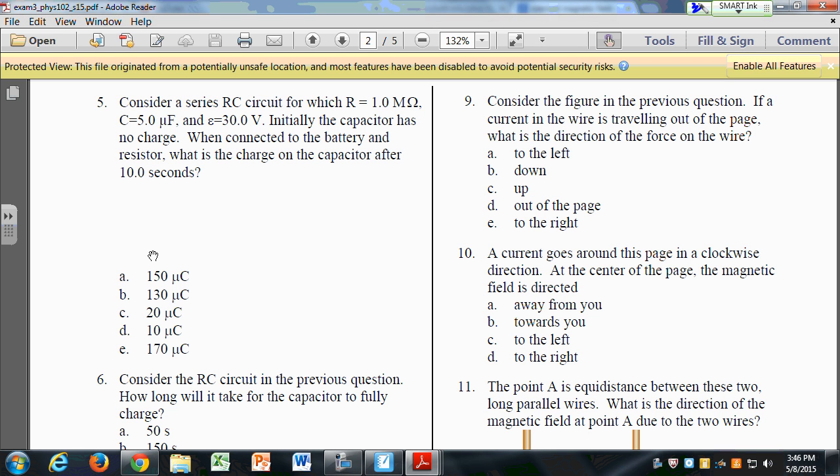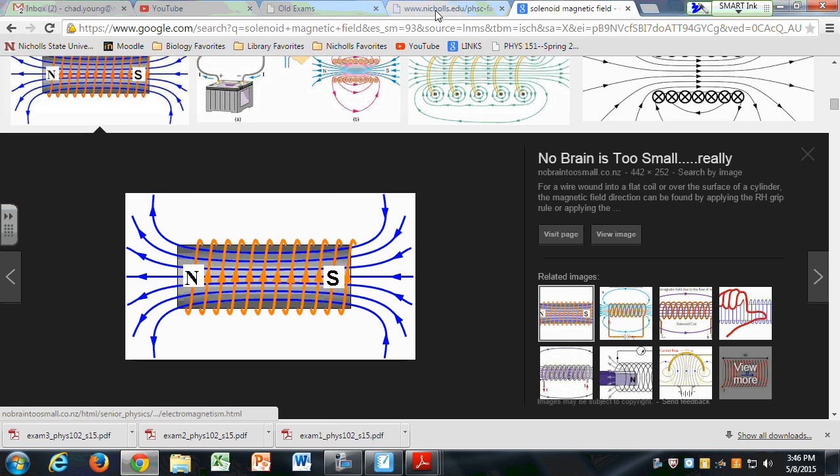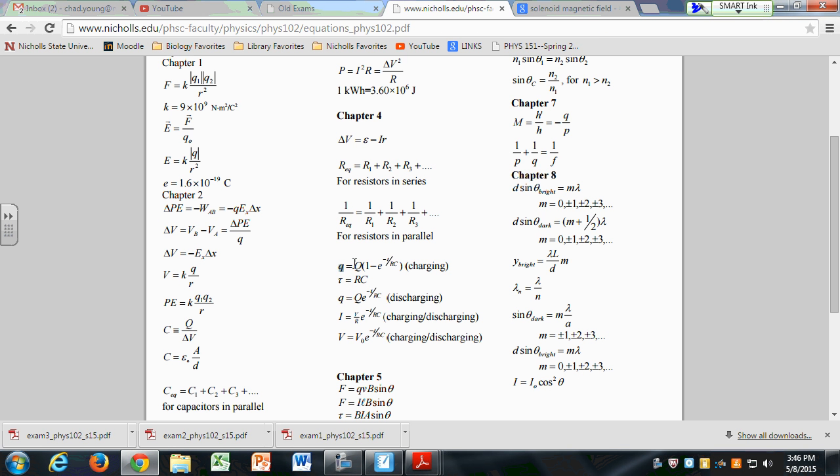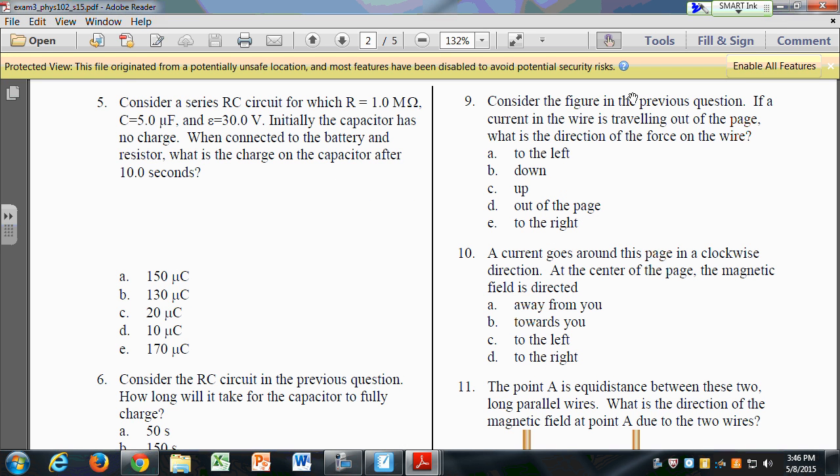It's connected to a battery, and so it's charging. You could look at your equation sheet. Your charging capacitor function looks like this. And so you just say Q equals big Q, that's your CV, times 1 minus e to the minus t over RC.